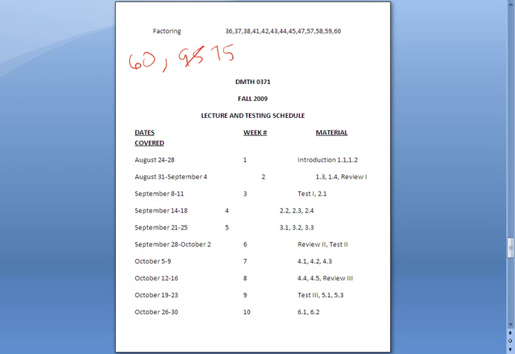But let's look at another scenario. Let's suppose you made a 65 on the first test, and you take a retest, and the retest grade is a 50. Well, 50 is lower than a 65, and what we do is we take the higher of the 2 test scores.